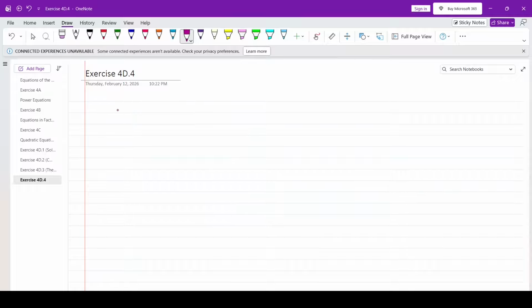We know if we have a quadratic equation of the form ax square plus bx plus c is equal to 0, where a is not equal to 0, then the quadratic formula says that x is equal to negative b plus or minus square root of b square minus 4ac divided by 2a.